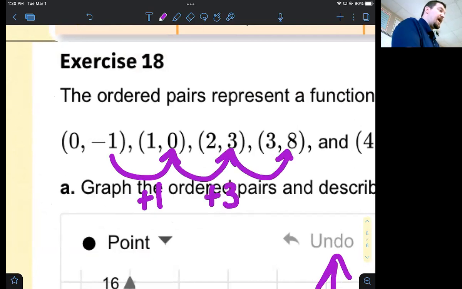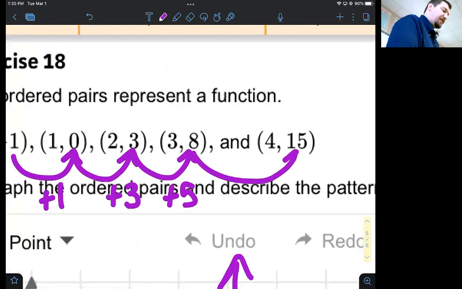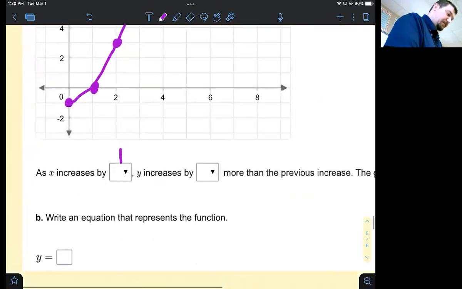This one increased by 3 to 8, 5. Thank you. Next up, 8 to 15 increases by 7. So as the x increases by 1, the y is increasing by different amounts. We know it's nonlinear, but how many more than the previous increase, Guy? It's 2 more than the previous increase.